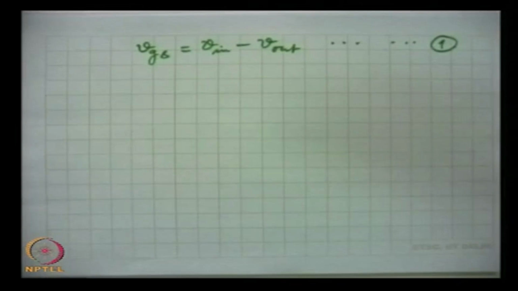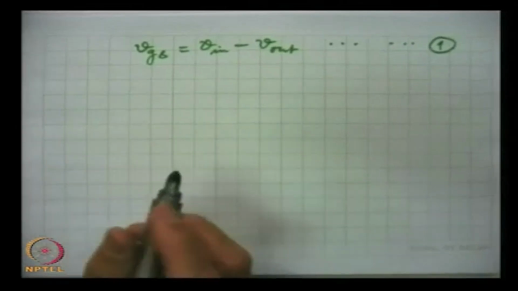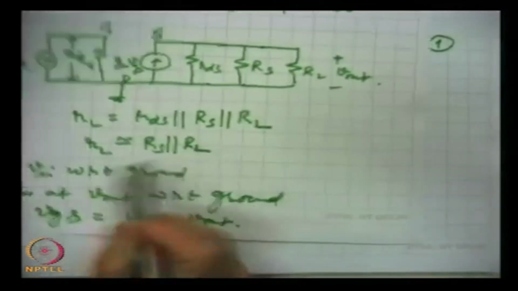Now, what will be V out? I can draw another circuit by just replacing these three resistances by 1.